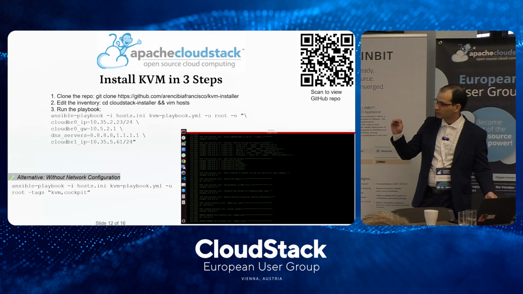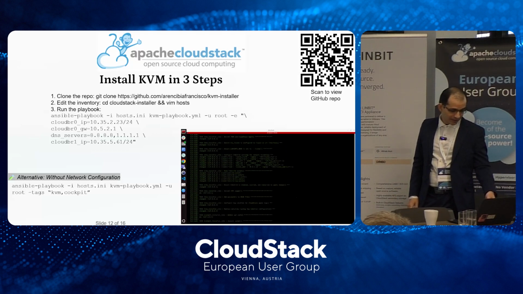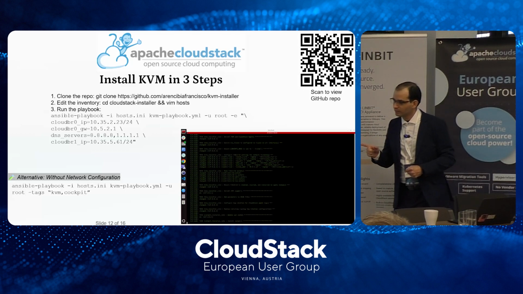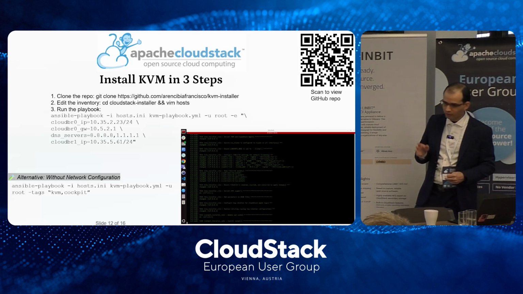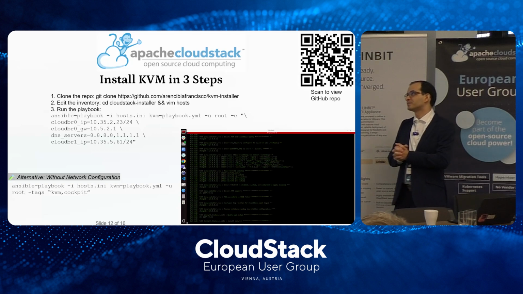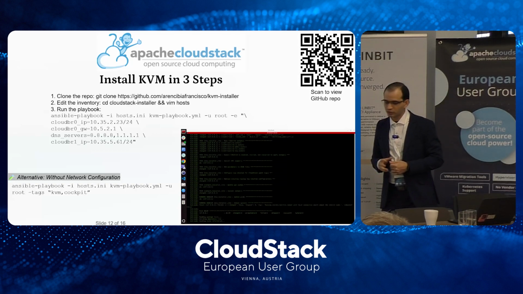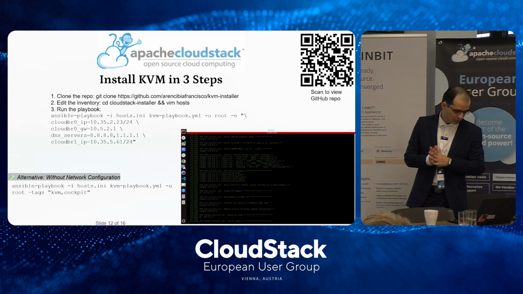It looks like 1 hyphen, but it's 2 hyphens. KVM and cockpit. You can only install KVM, but I recommend installing cockpit. Cockpit is like a web interface to manage your KVM host. It's very, very useful. We use it a lot.